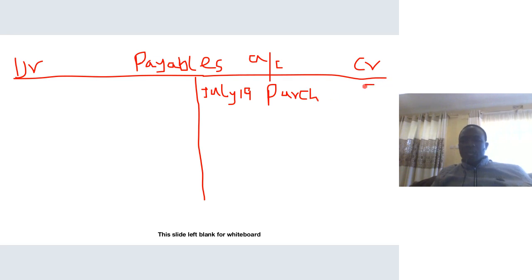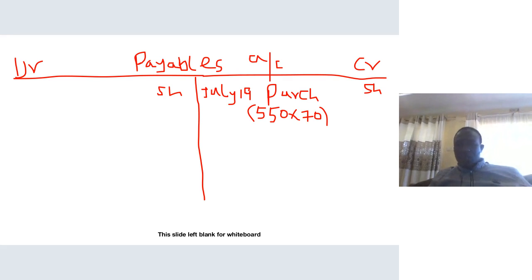Remember, the amounts are in shillings, so make sure that at any given time you give the denomination that you're using. So purchases: we are going to have 550 times the exchange rate as at that time, which was 70. For those who have calculators, let me use mine.